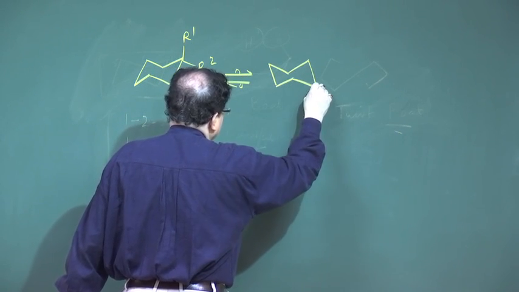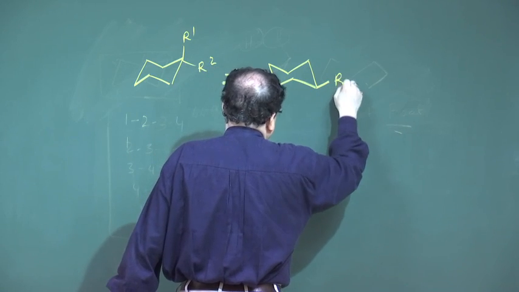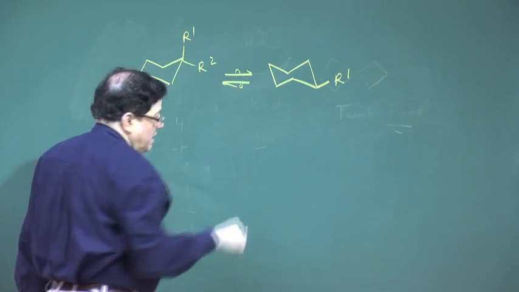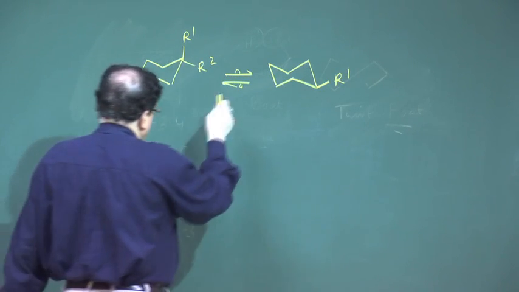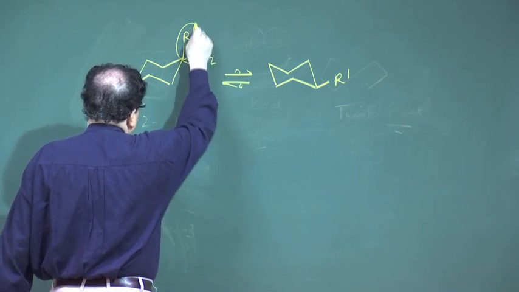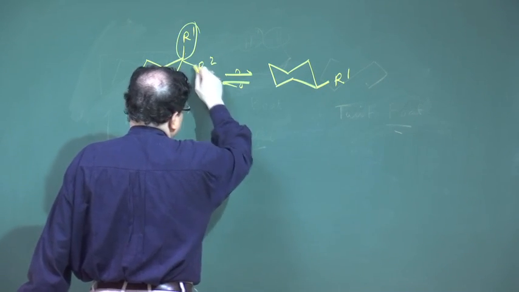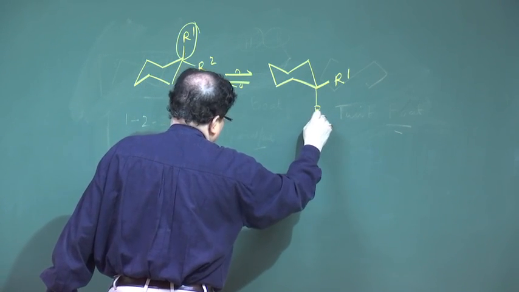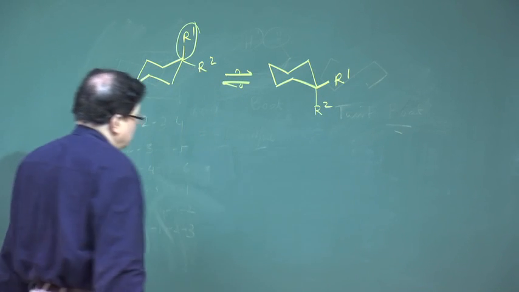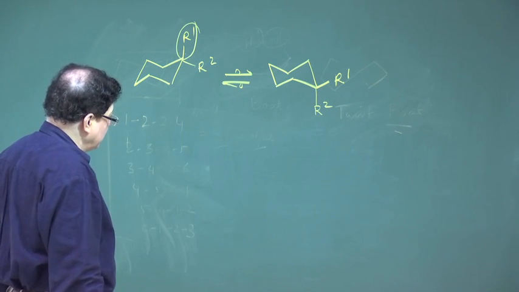And what is the difference between these two? In flipping, you should remember, the axial becomes equatorial and equatorial becomes axial, but the alpha-beta nature remains the same. So, this is the situation, R1, R2.